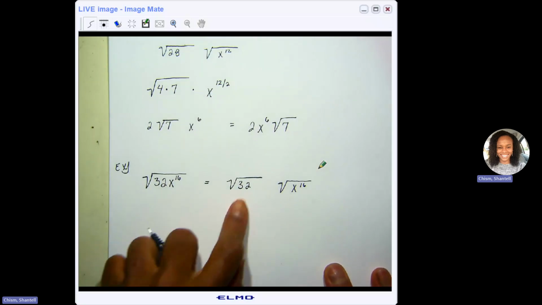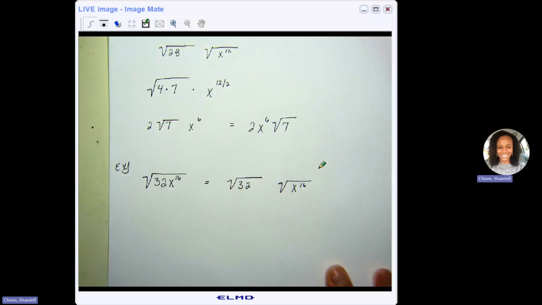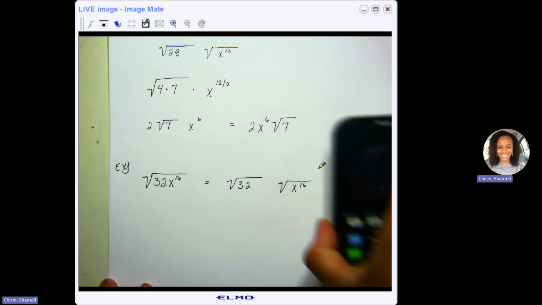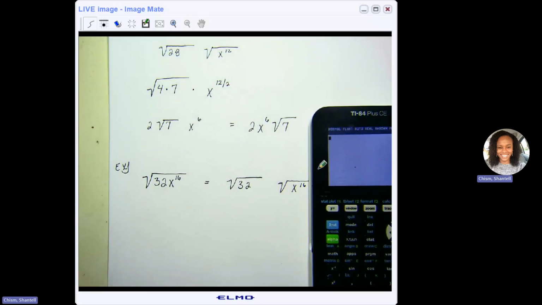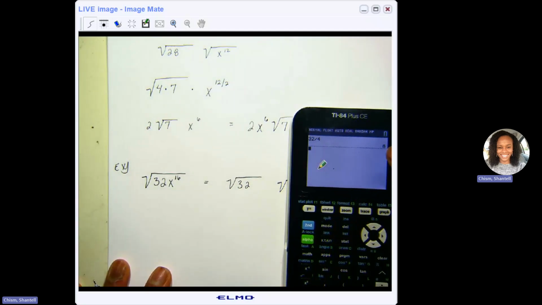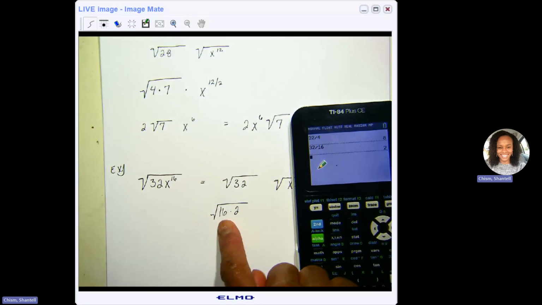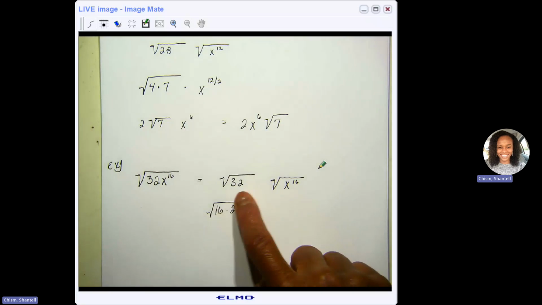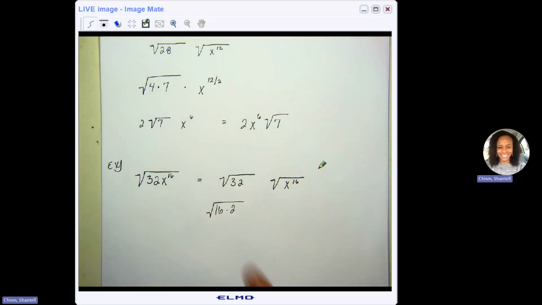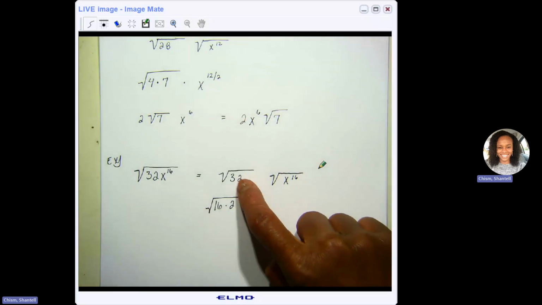Now, the 32 is not a perfect square, but it should factor in a way that I can pull out the largest perfect square. 32 divided by 4 is 8, and 8 still has a factor of 4 as well. So 32 divided by 16 is the best way to factor, 16 and 2. Remember, you want to factor it so that you see the largest perfect square factor it has. 16 is the largest perfect square factor of 32.